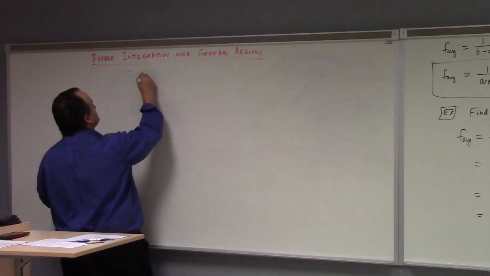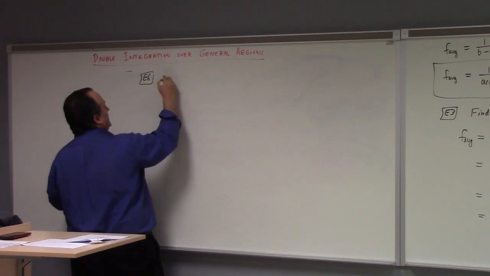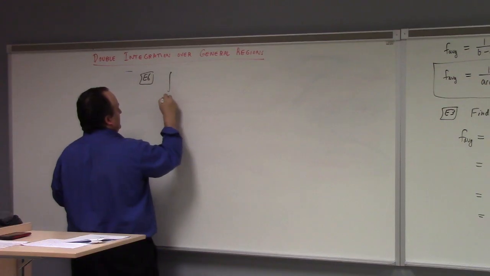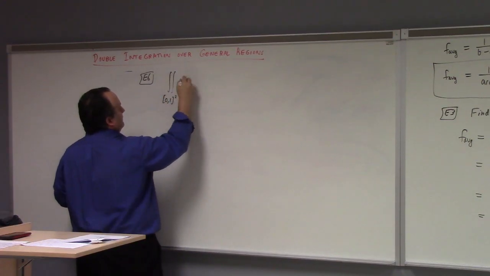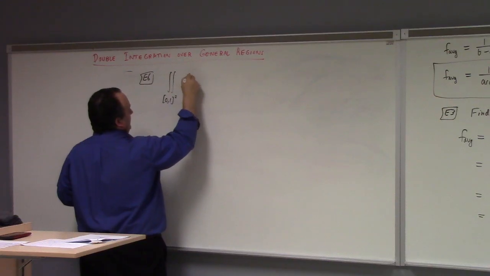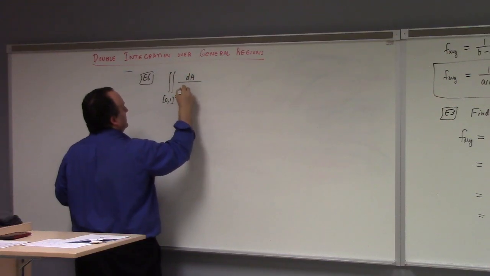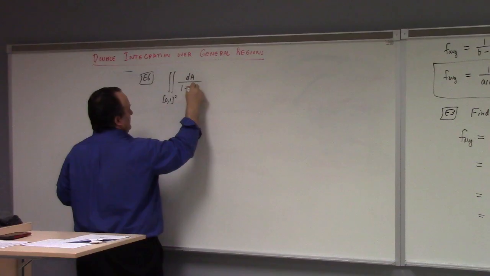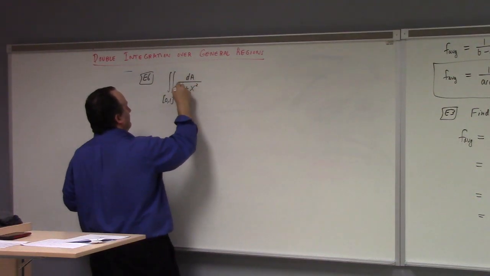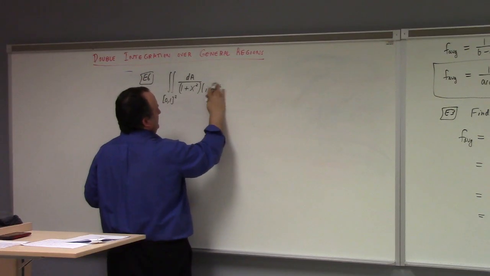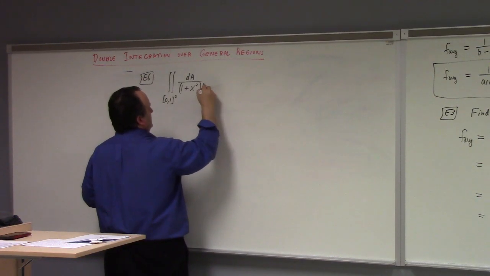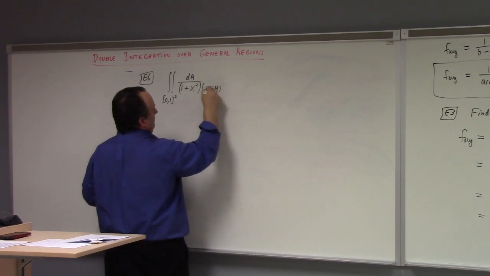Suppose we're integrating over the unit square, dA over 1 plus x squared times 1 plus y.